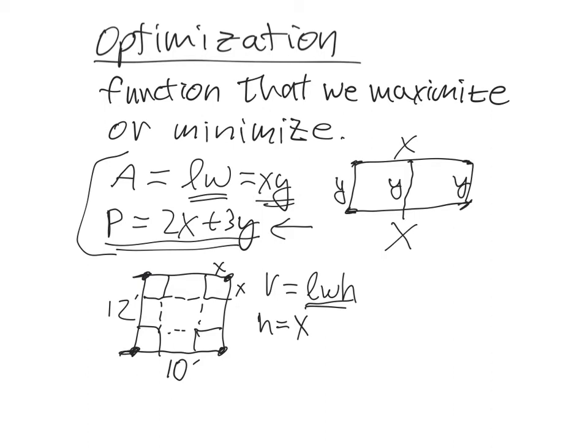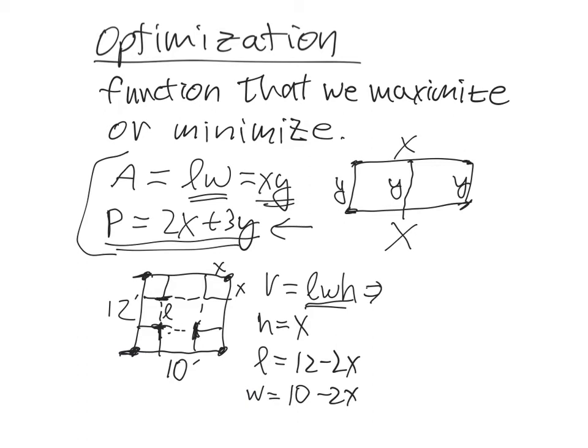Okay, the 12 side would represent this, but when we cut out the corner and fold up the box, this would be the length of the box. L would be 12 minus 2x, and then the width would be what? Also minus 2x. Okay, the 10 minus 2x.